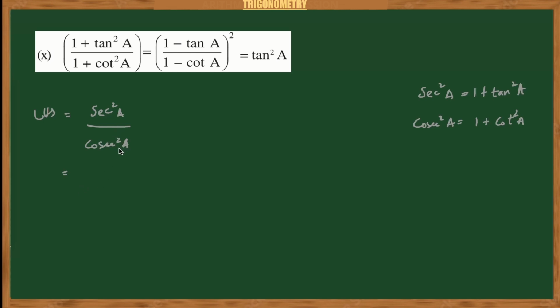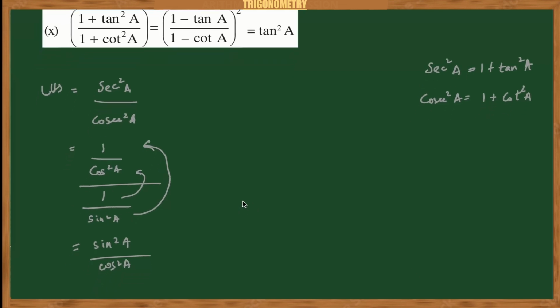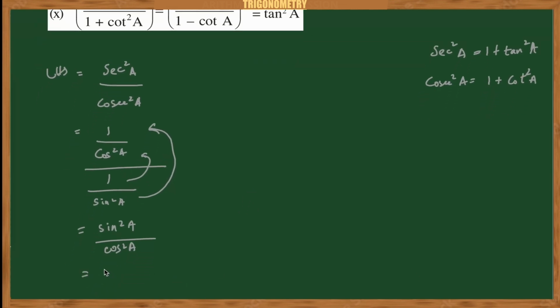Secant is nothing but 1 over cos square A, and cosecant can be written as 1 over sin square A. If you reverse it, this goes at the top, so it gets multiplied: sin square A over cos square A. So sin by cos is nothing but tan square A. Here we have proved the first equation is equal to tan square A.